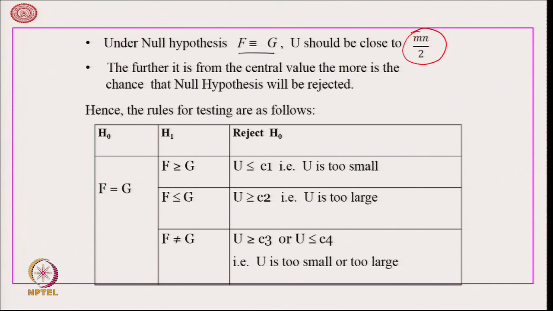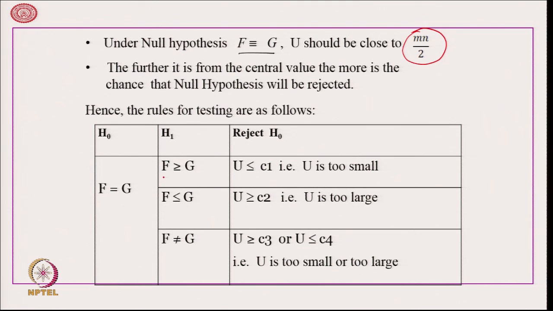The further it is from the central value, the more is the chance that the null hypothesis is going to be rejected. Therefore, depending upon the alternative, the rejection criteria will change.